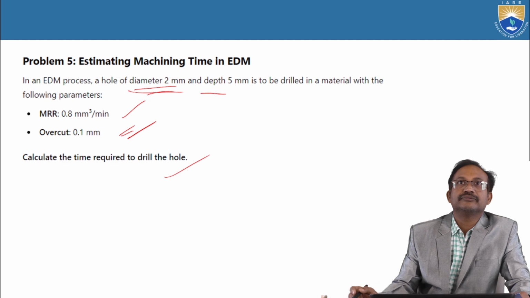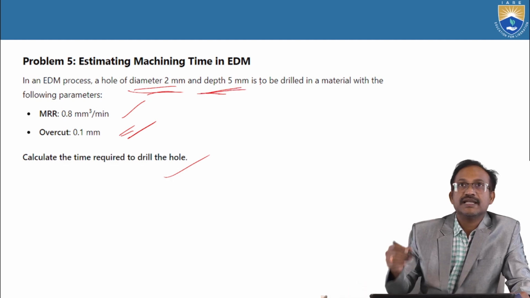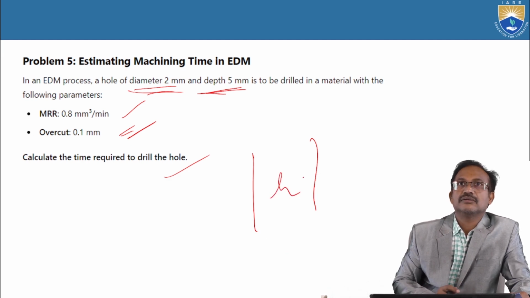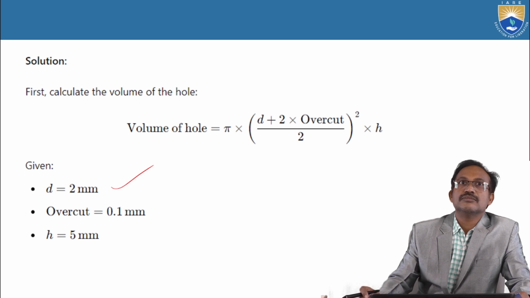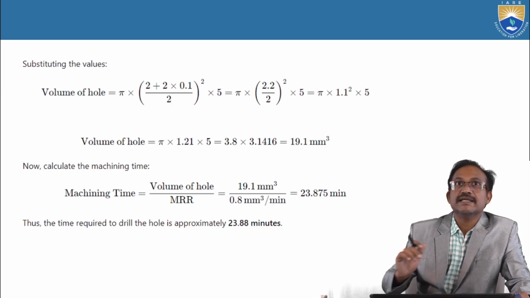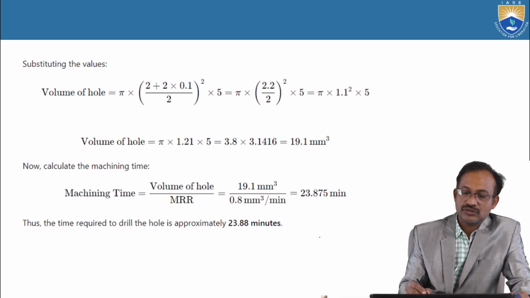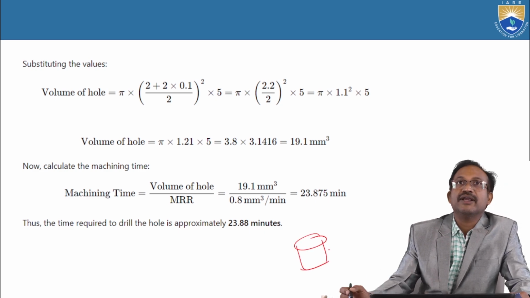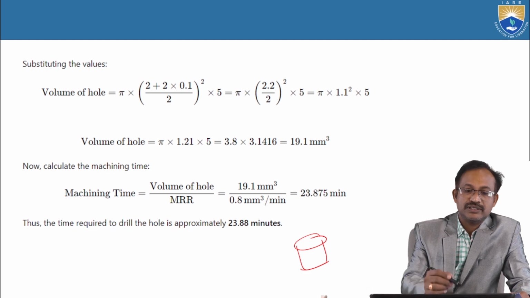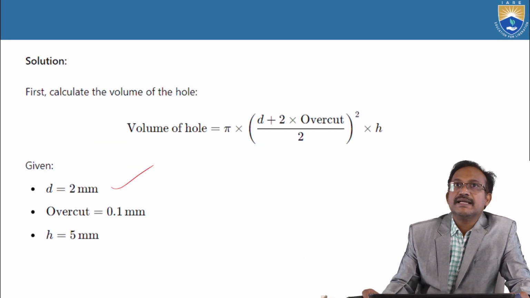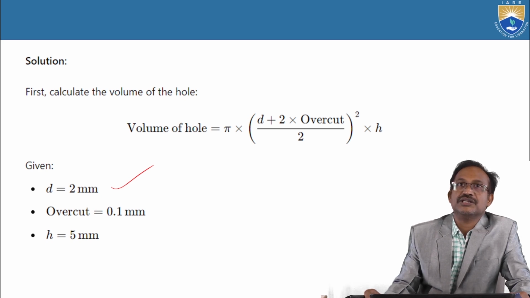Here depth is nothing but height, which is also given, 5 mm. Now simply substitute these values so that we get the volume of the hole. First we find the volume of the hole using this formula: pi into (d plus 2 into overcut) by 2, whole squared, into h.